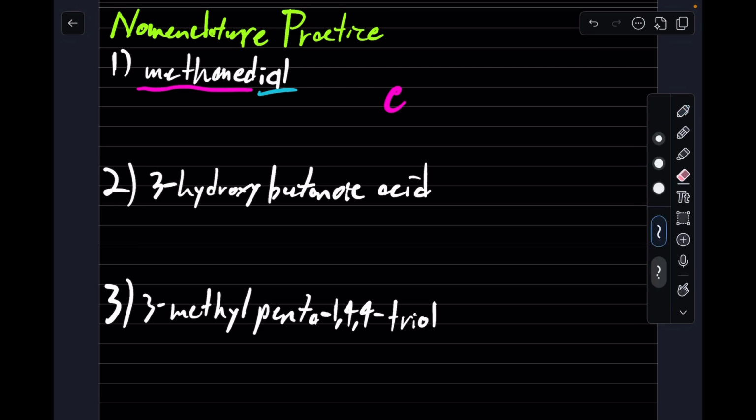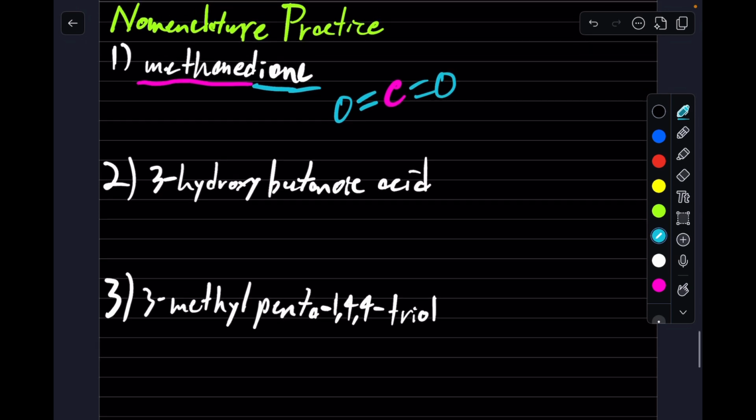Actually, I think this would be dione. Yeah, but anyways, we have 2 ketones. So it looks like this, which is a bit of a trick question because it's actually carbon dioxide. But yeah.